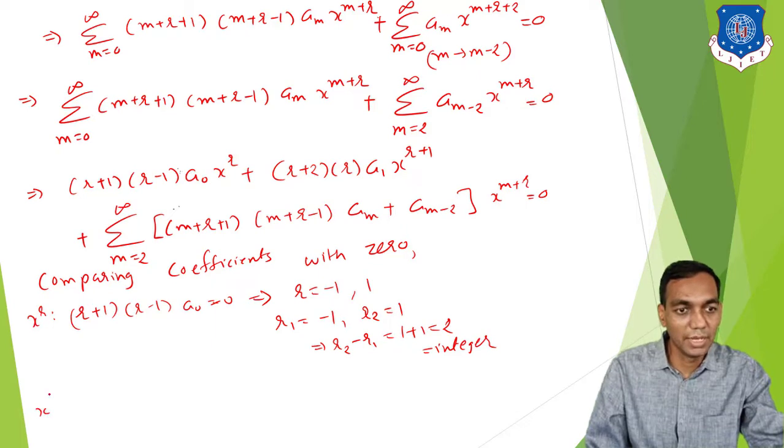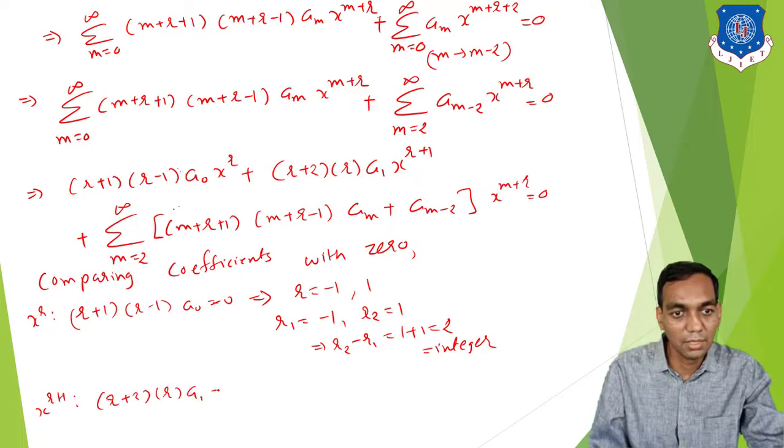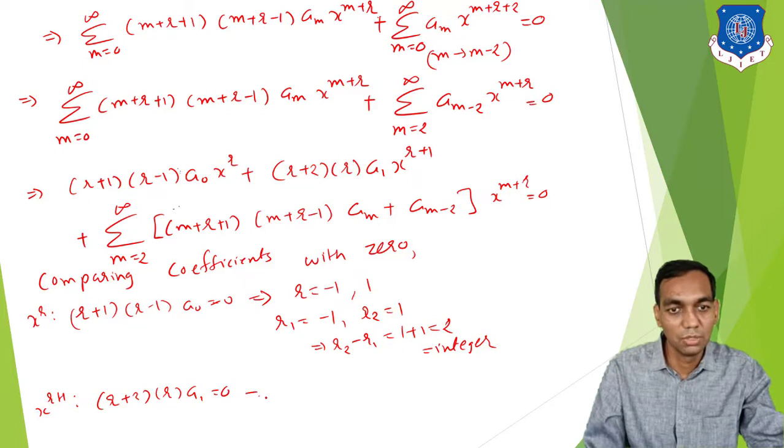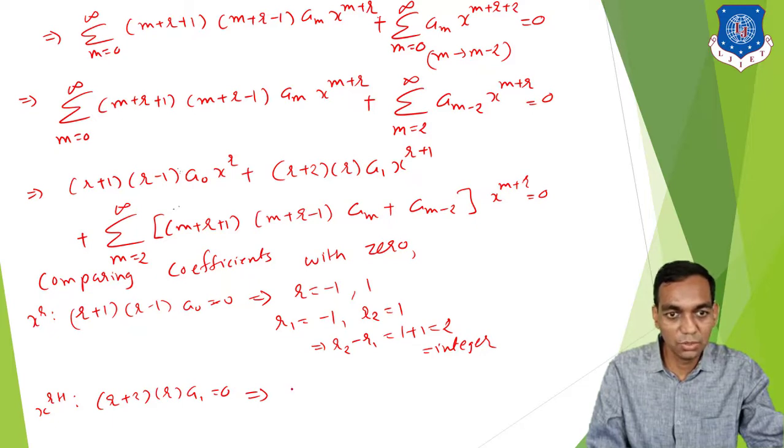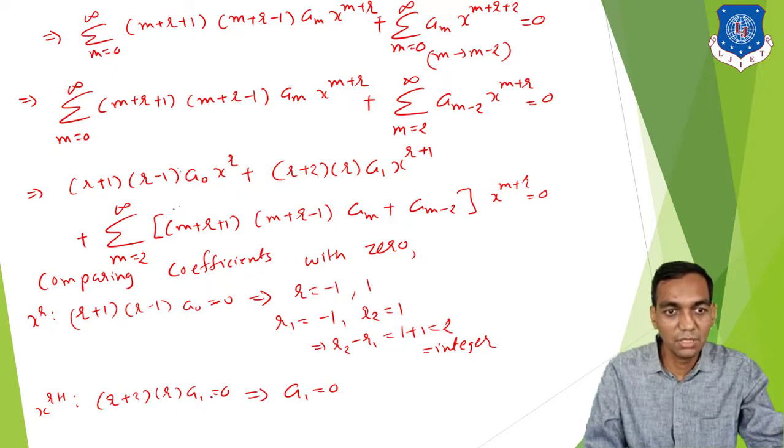Now for x raised to r plus 1, you will have (r plus 2) into r a1 is equal to 0. So if you are going to put r is equal to minus 1, then you will have minus a1 is equal to 0. That means a1 is equal to 0. And if you are going to put r is equal to 1, then you will have 3 into 1.